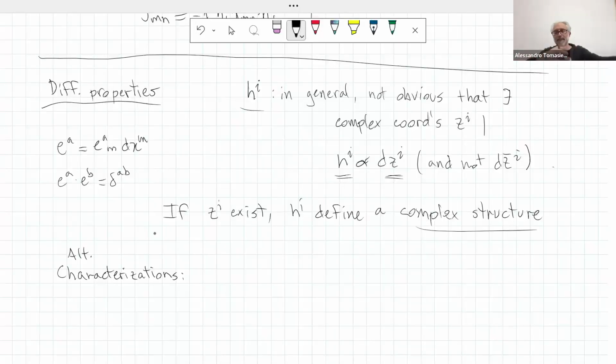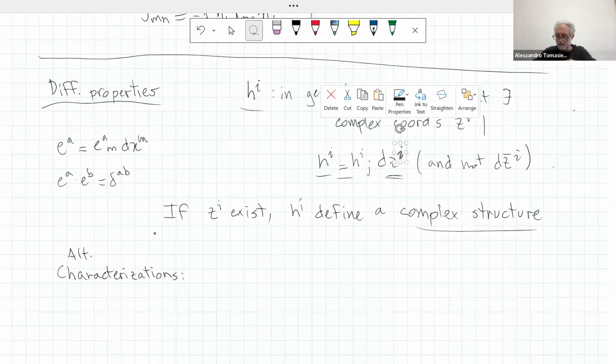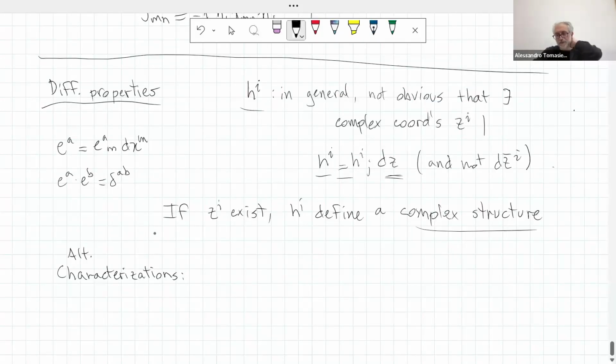They might contain dz^i or dz bar^i, but the original dz^i, so let's say if you write this more explicitly as some h^i_j dz^j, for example, you will get the derivatives of this h^i_j, but this dz^j will not be destroyed.